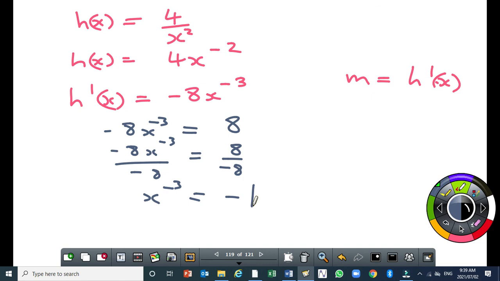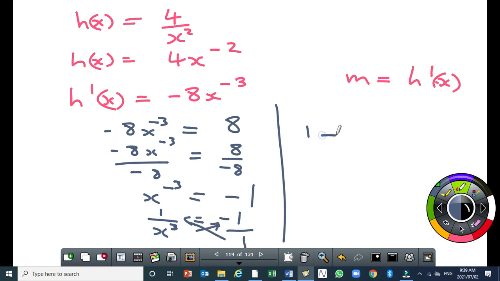Okay? Are you following that? Yes. Now, this is the same as saying 1 over x cubed is equal to minus 1. It's also the same, remember the denominator there, it will be a what? 1. Then we cross multiply. When we do that, we get 1 on the left and minus x cubed on the right.